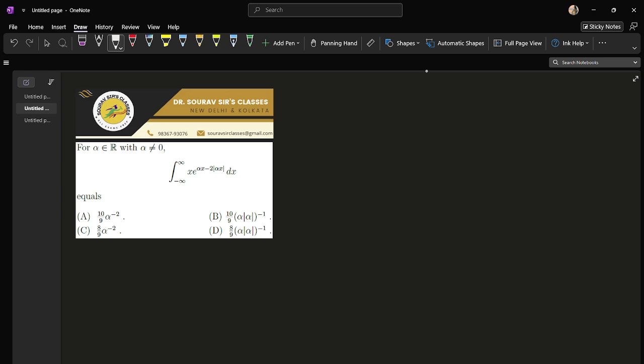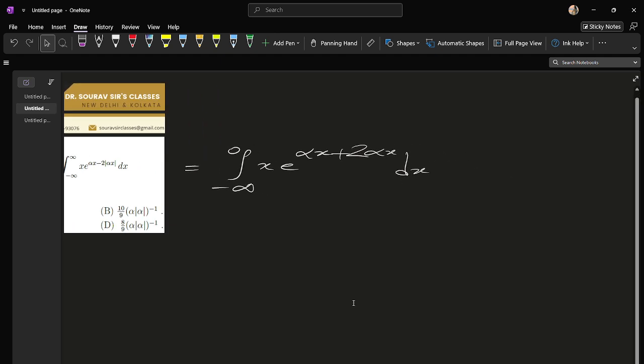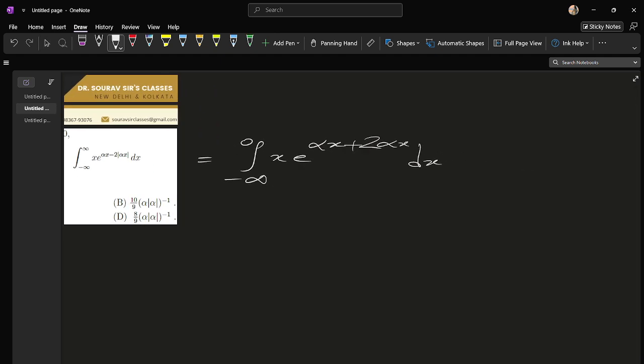So we can divide the integral into two parts. That means the integral from minus infinity to 0, where x is less than 0, so that will be e to the power alpha x plus 2 alpha x dx. The second part will be from 0 to infinity, where x is positive.